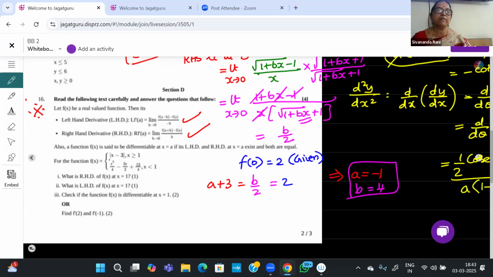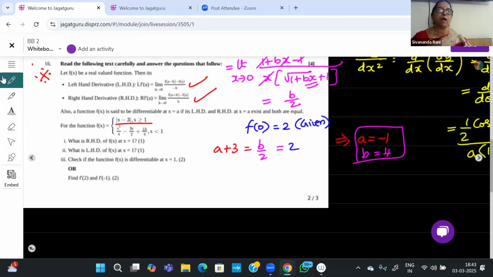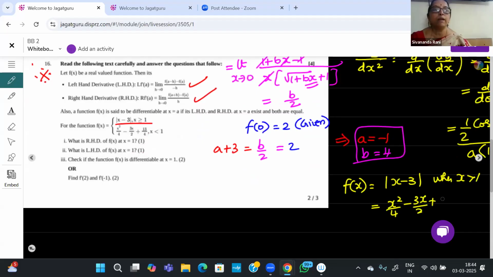So this function is defined as mod of x minus 3 when x is greater than 1. Can you take down this function? The function is defined to be mod of x minus 3 when x is more than 1, and it is defined to be x square by 4 minus 3x by 2 plus 13 by 4 when x is less than 1.